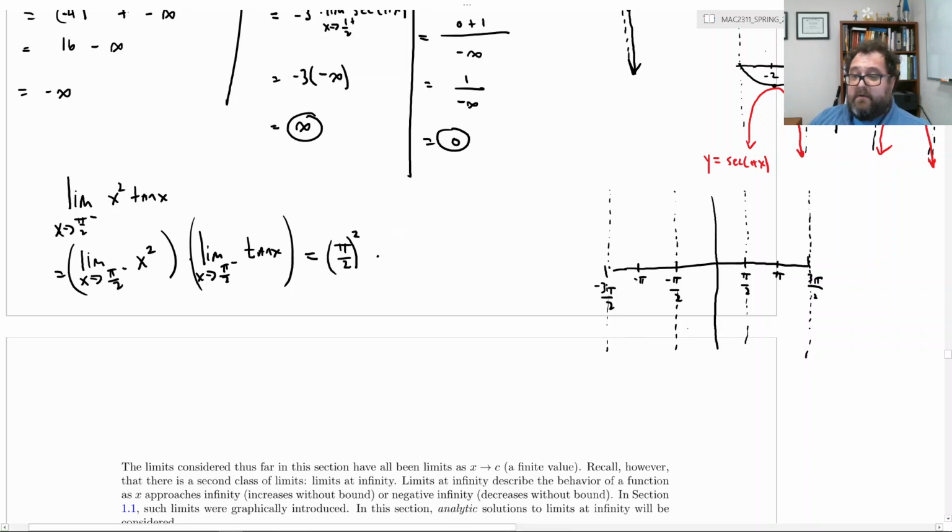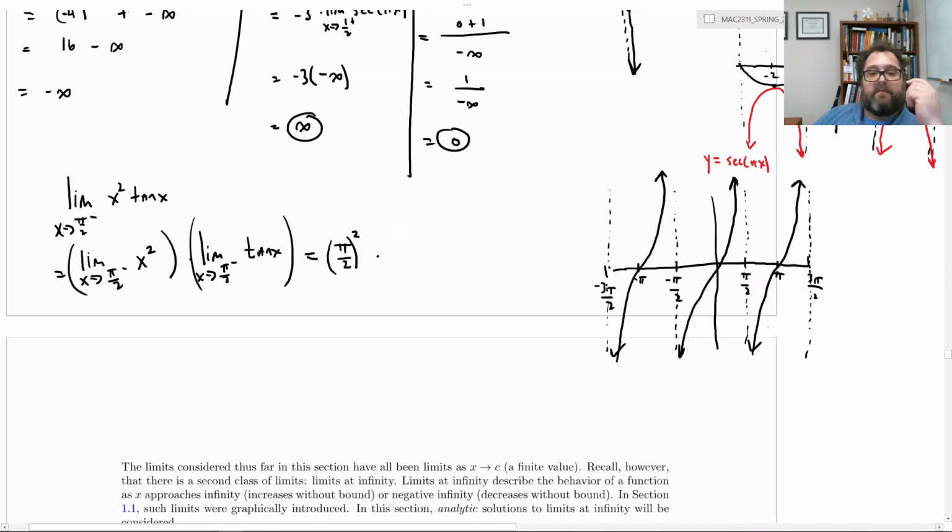And then the tan looks like this, roughly. And this is not perfect, but it roughly looks like that. Over and over again. They should all be identical. My drawing skills aren't necessarily up to par, but basically like that. That's what tan looks like.